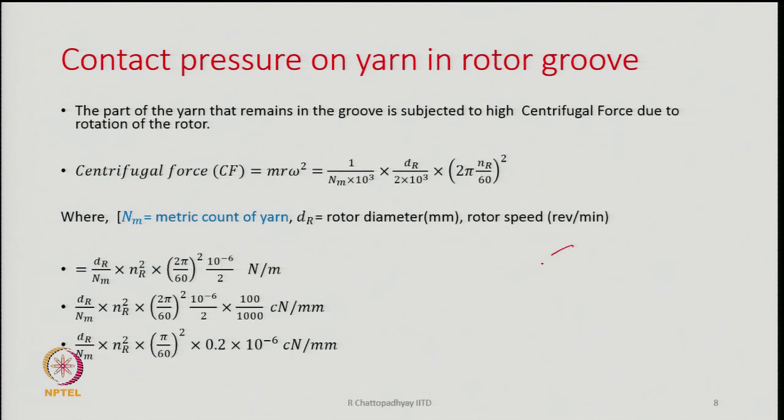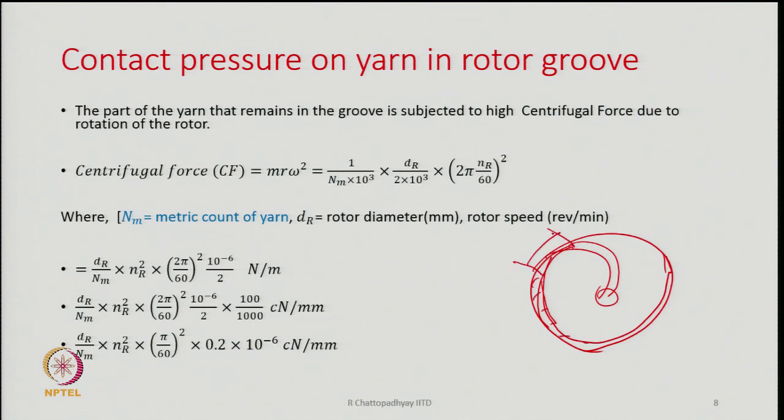We have discussed it earlier: if this is the band of fibers, from here to here, this zone is called the PTE zone, and this band of fibers is here. Gradually the thickness of the band will reduce.